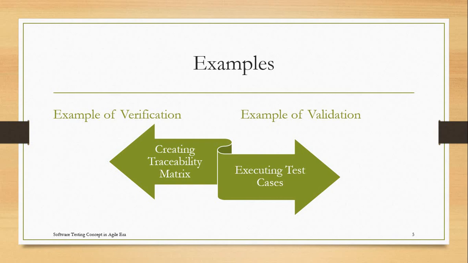Creating a checklist or a traceability matrix is an example of verification. A validation example would be the execution of test cases, where you actually execute the test cases after entering some input and compare the output. That is called validation.